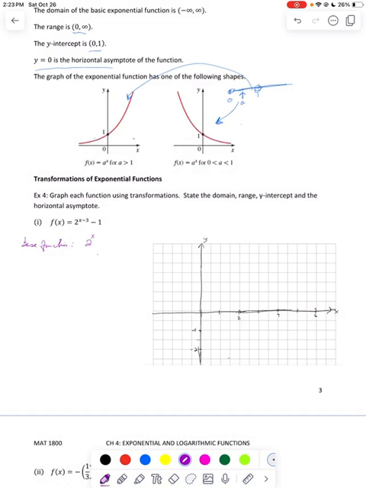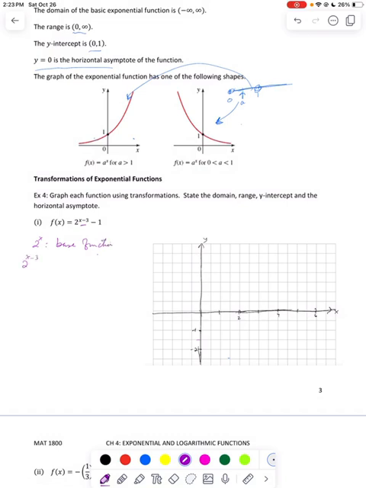So what is the first transformation? I would like to do it this way. 2 to the x is the base function. 2 to the x minus 3, what is that?